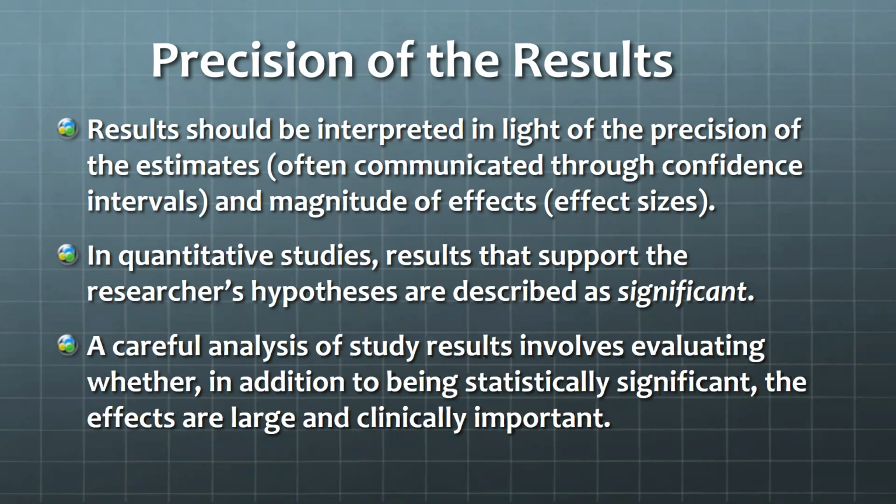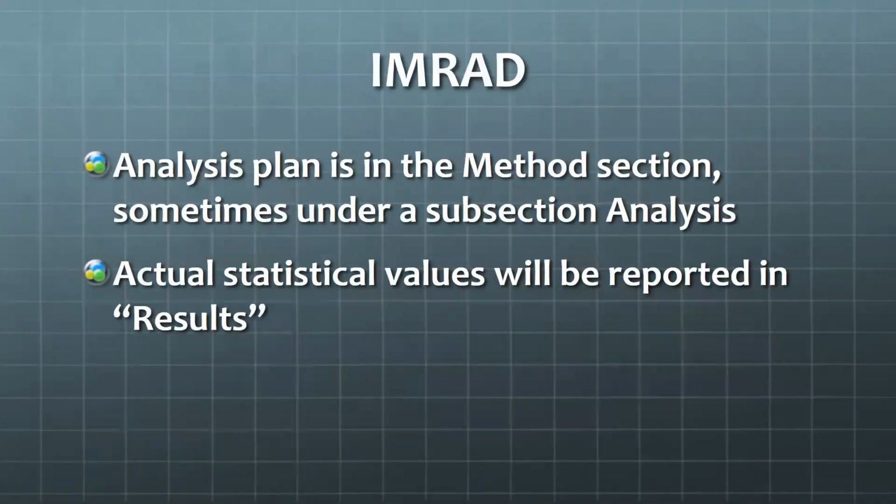In quantitative studies, what you're looking for is results that are called significant. Remember, that's associated with the p-value, because that's saying it supports the hypothesis that whatever the intervention is indeed having a statistical impact. But be careful to additionally look beyond statistical significance to see if the effects are large and if they are clinically important.